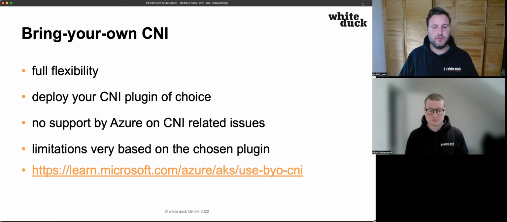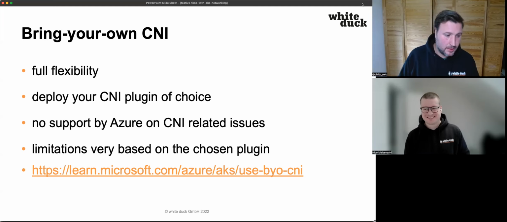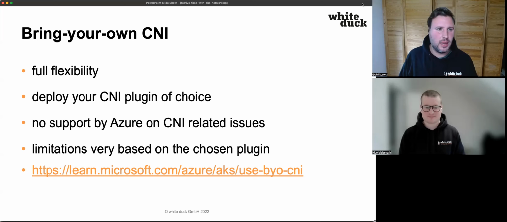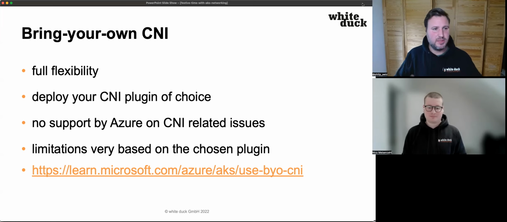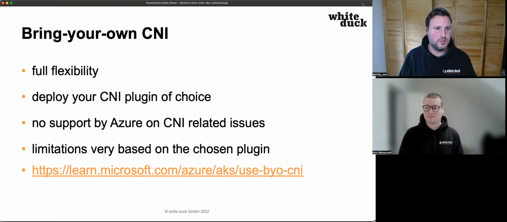The downside is you have no support by Azure if you have networking or CNI issues, and the limitations of the network and how many pods, how many nodes is based on the chosen plugin. You can check out the link, Use Bring Your Own CNI, and you will see what you need to do in order to set it up.